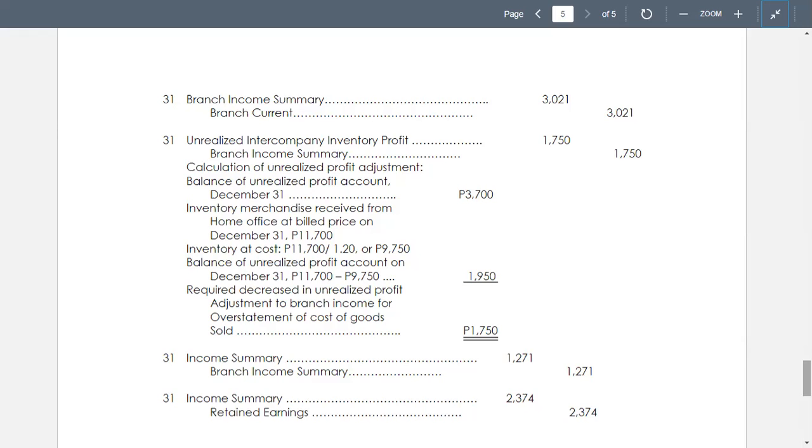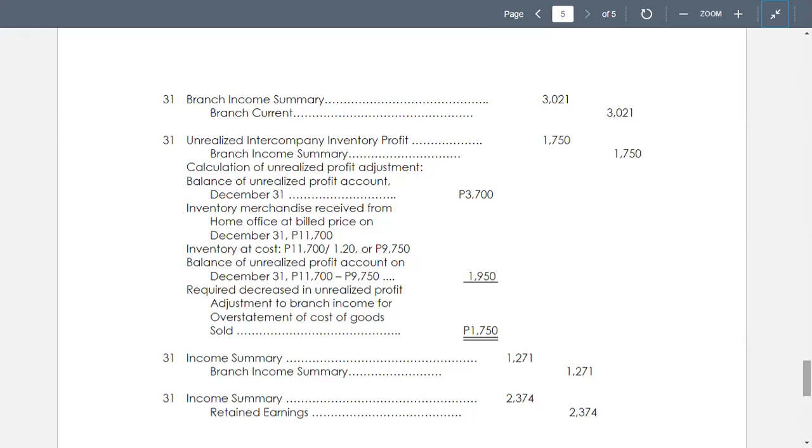In other words, the cost of goods sold is understated because the merchandise shipped by the home office is also overstated since the billed price is 120% of cost. So we now get the overstatement of cost of goods sold, which is also the amount of adjustment to branch income. That is the required decrease in unrealized profit.